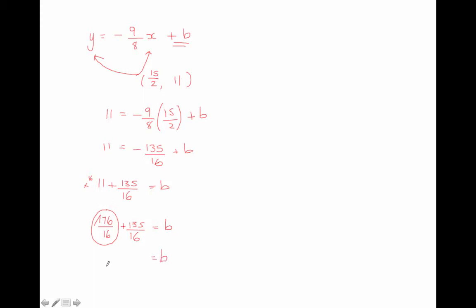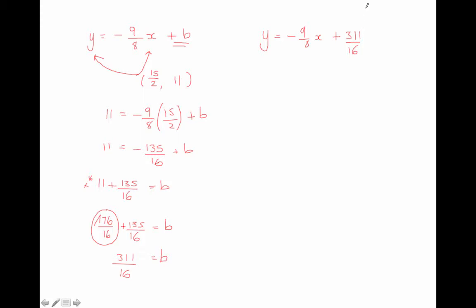Now they're over a common denominator of 16, so we can just add 176 and 135, which comes to 311. So I know that the plus b is going to be 311 over 16. So if we go back and substitute the b, we have y equals minus 9 over 8x plus 311 over 16.